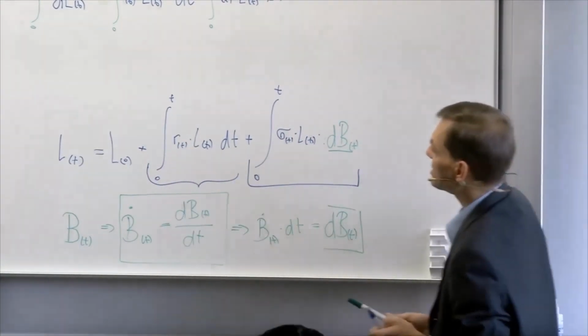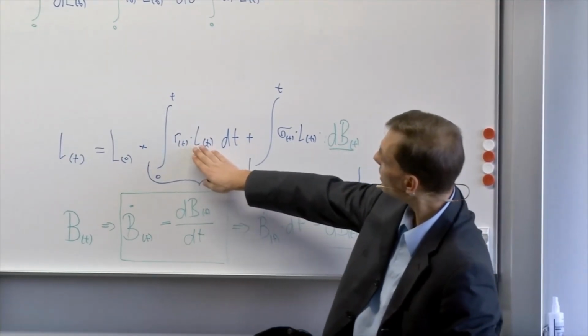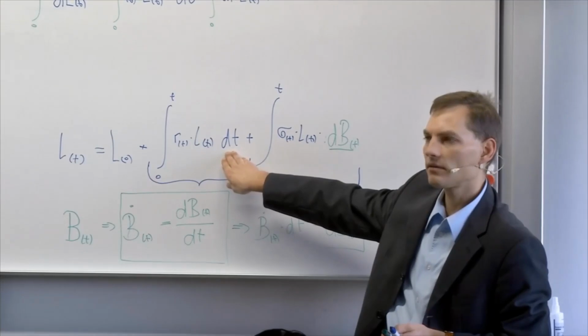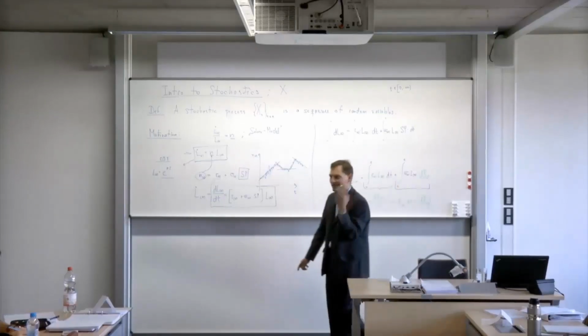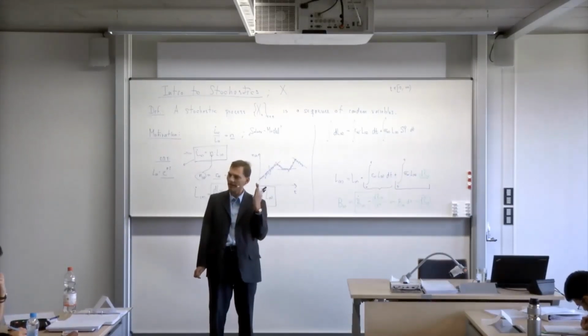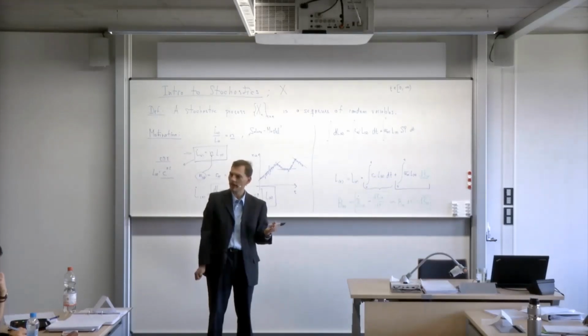What about this first integral? Here we have an integral over our trend variable, our labor force function, over time dt. Well, t is a time variable. And time is deterministic, right? Time is running. I can predict after 1 minute, it's 1 minute later. There is no stochastics.